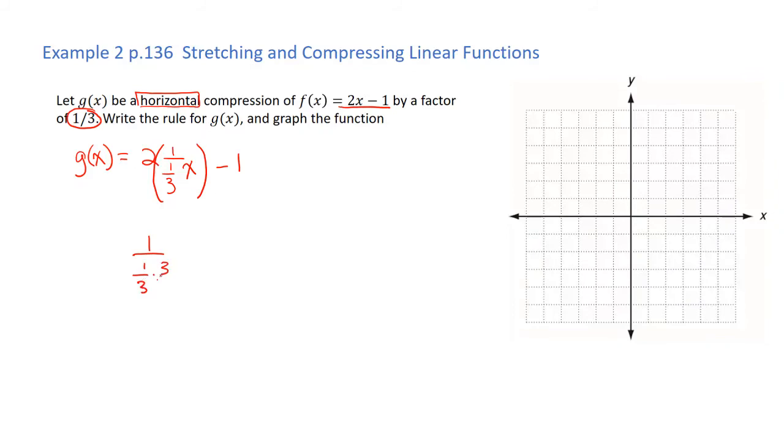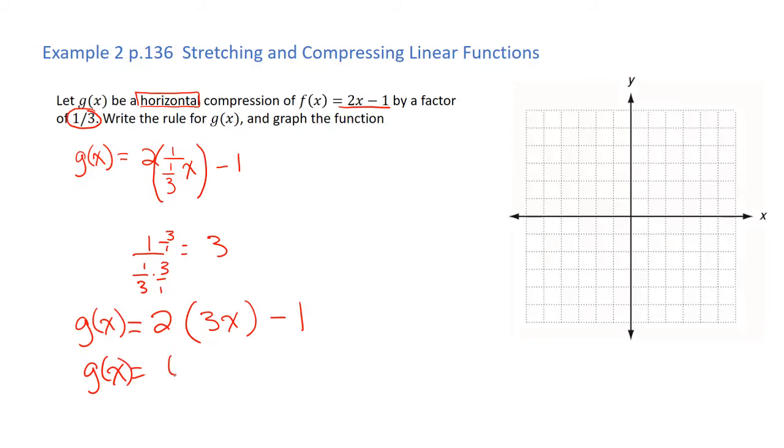It's the same as, multiply that on the bottom, you multiply that on the top, equals 3. So 2 times 3x minus 1, and all of that is g of x. All right, and now we can just multiply that 2, so g of x is equal to 6x minus 1. All right, so that is your actual equation.